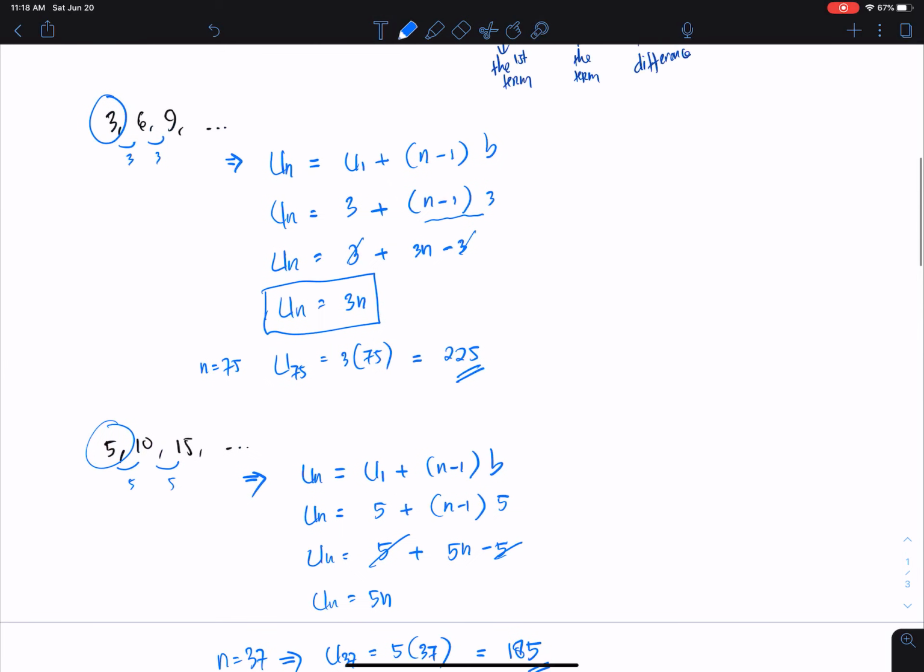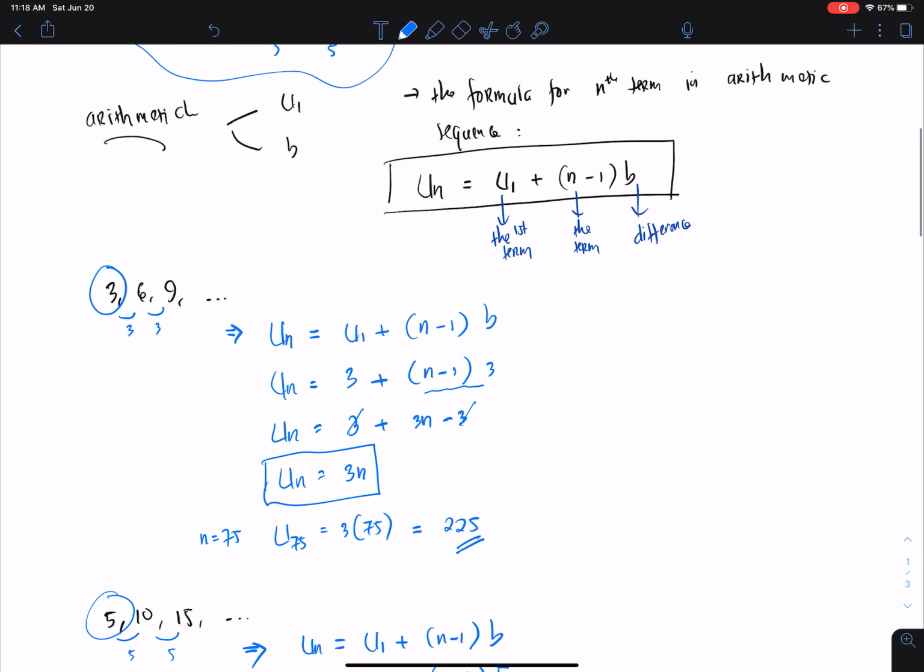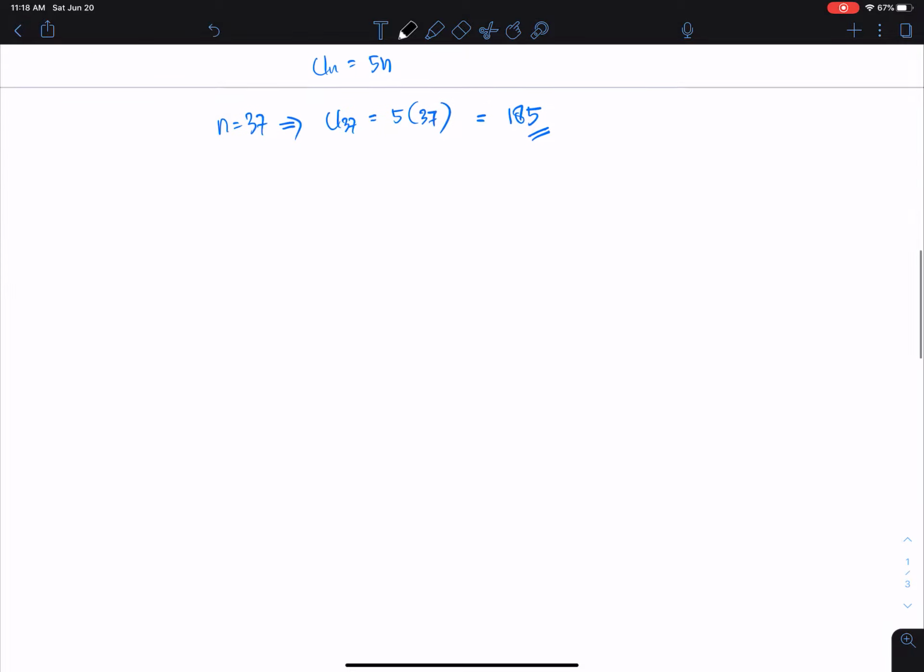So it's quite easy, you see, if we know the basic components in the sequence itself, finding the formula for the sequence will not be a big problem. Let's take a look at another example.